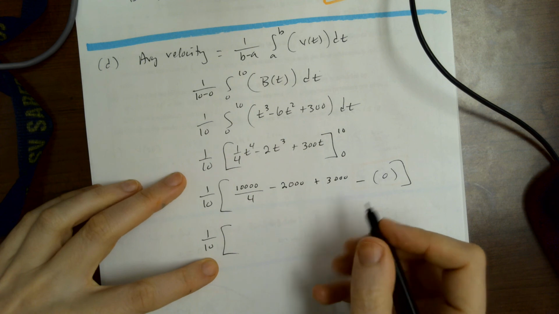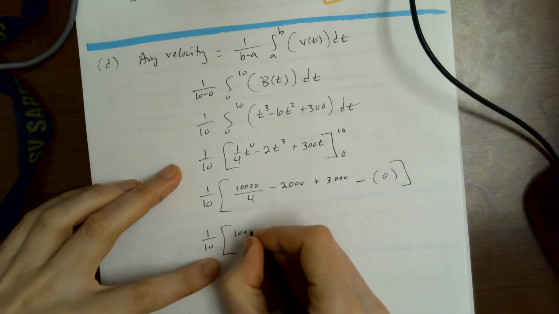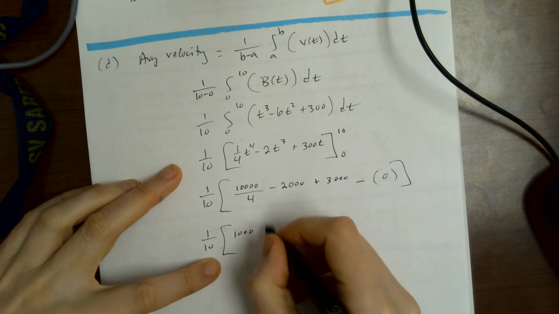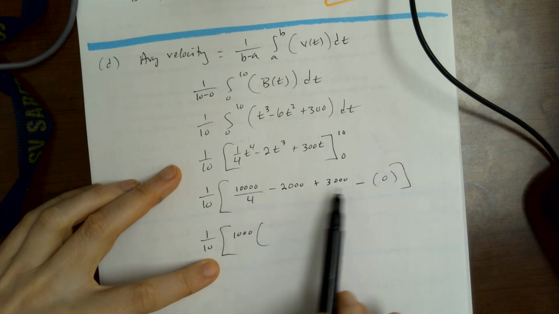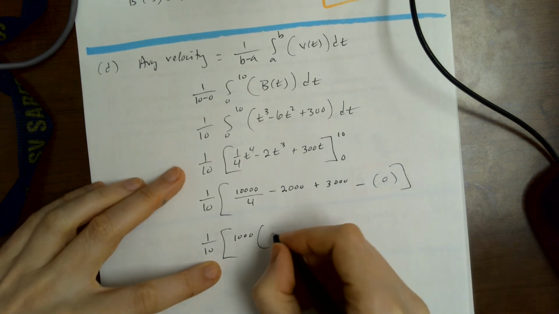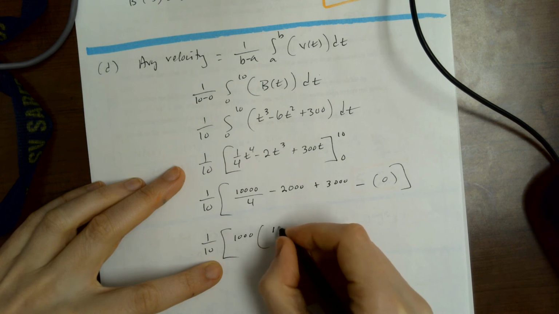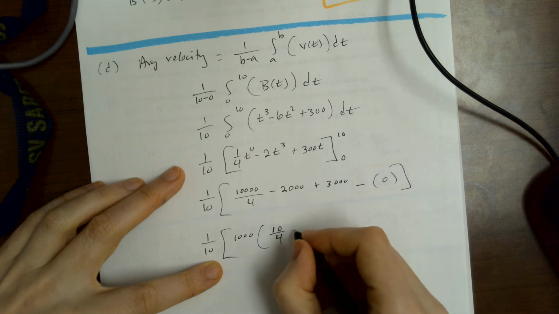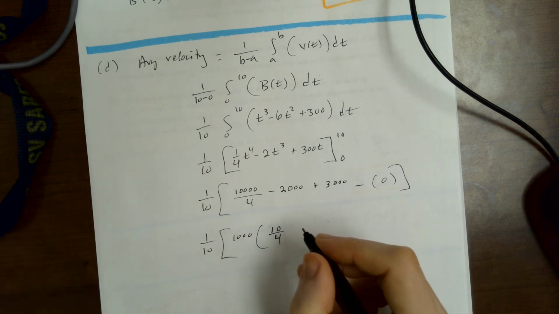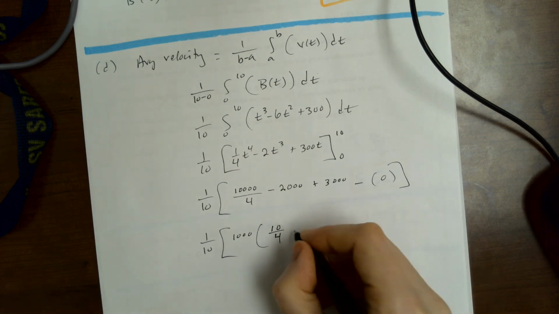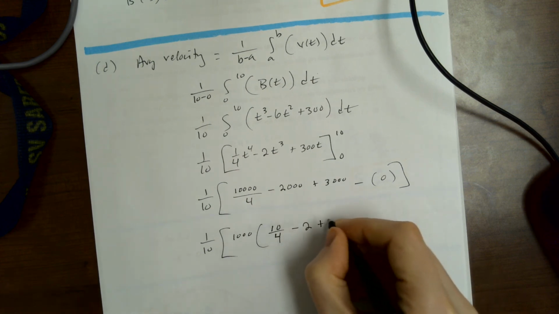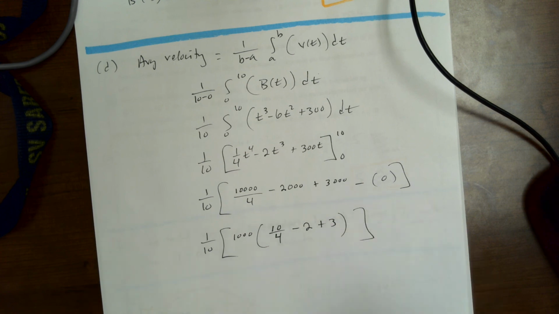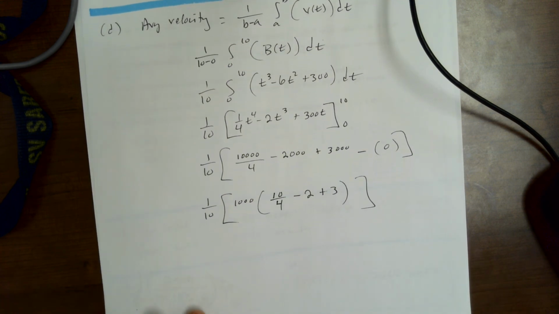The greatest common factor, guys, is 1,000. So if I take out 1,000 from these, then I've got 10/4, right? Please be right. I think so. Yes. 10/4 minus 2 plus 3. Okay, that just makes it a lot easier for me.